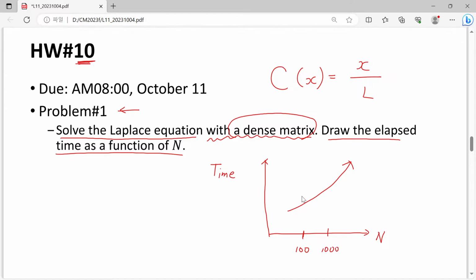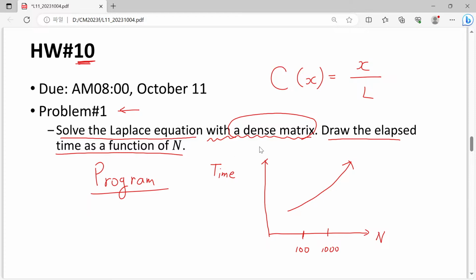But I have one caution on measuring the elapsed time. It is not a good idea to just check your elapsed time on your watch. Please try to make a certain routine to measure your elapsed time. So are you with me?